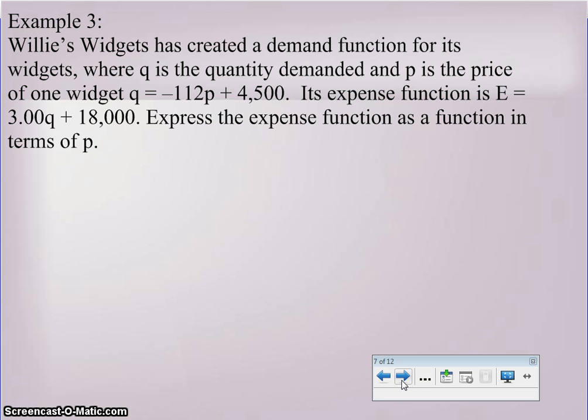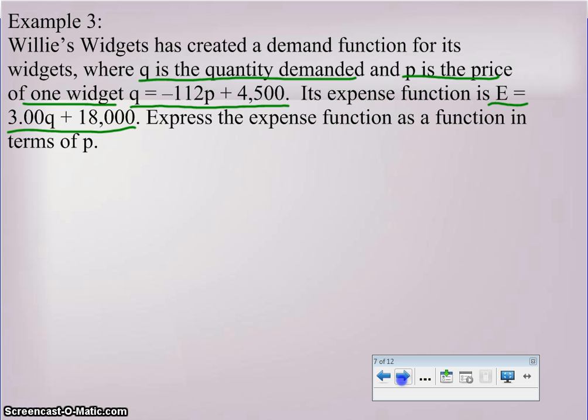Okay, example 3. Willie's Widgets have created a demand function for its widget, where Q is the quantity demanded and P is the price of one widget. We've got Q equals negative 112P plus 4,500, and the expense function is E equals 3Q plus 18,000.